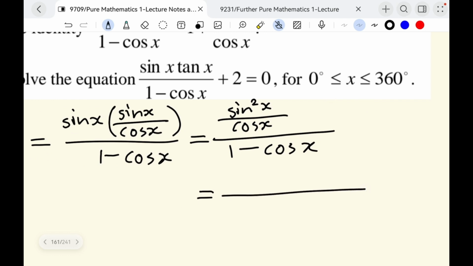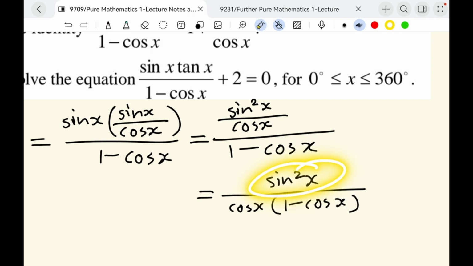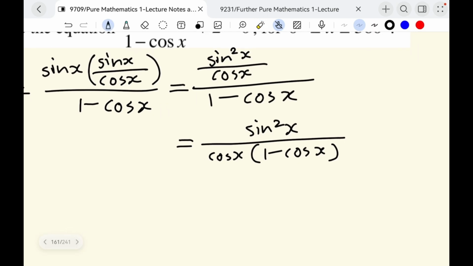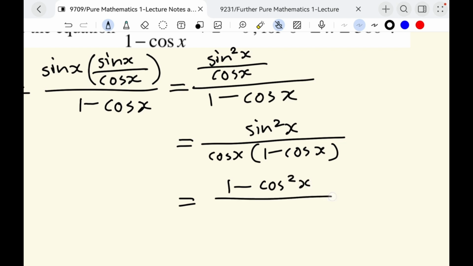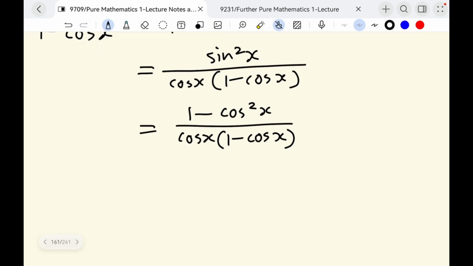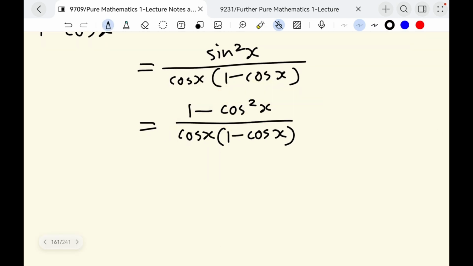So just keep the cos x outside, as the product with 1 minus cos x, and ask yourself again, how to replace sine square x? Just use the Pythagorean identity, which gives 1 minus cos square x over cos x times 1 minus cos x, and then factorize 1 minus cos square x as 1 minus cos x times 1 plus cos x.